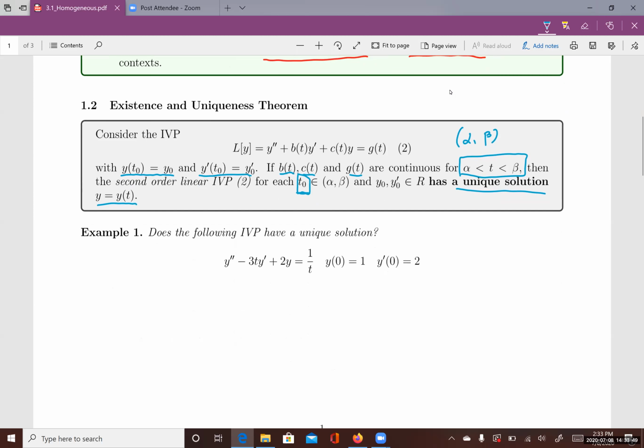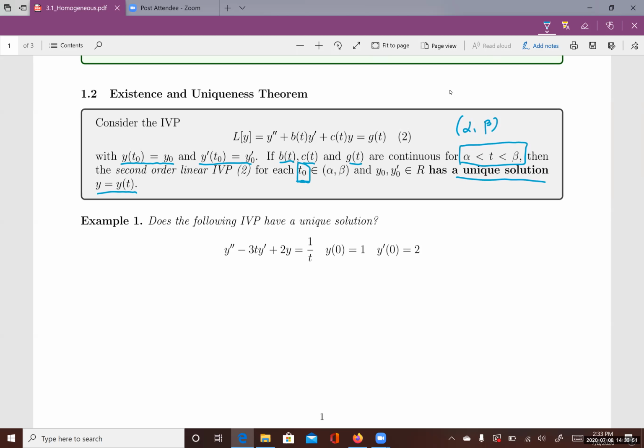Let's look at the first example. You have a second order differential equation, and I can identify b of t, c of t, and g of t. So b of t equals negative 3t, c of t is 2, and g of t is 1 over t.